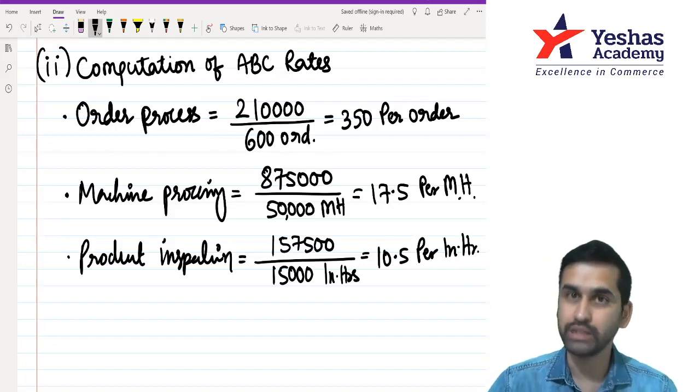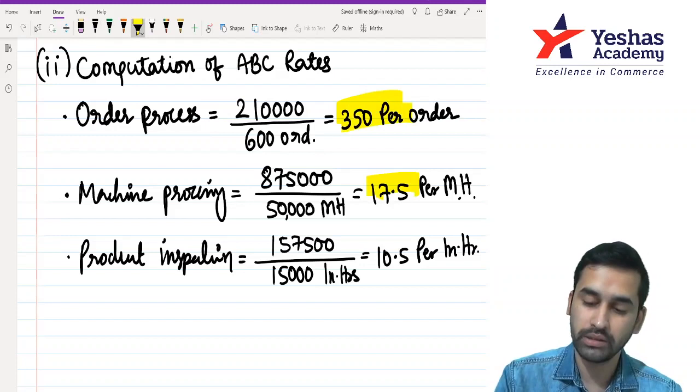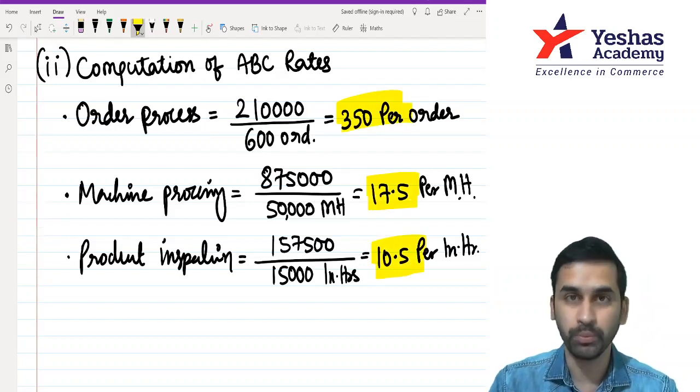So these are the 3 numbers that are relevant now.